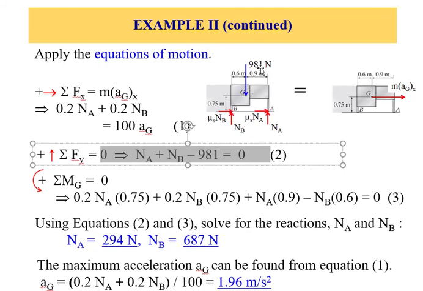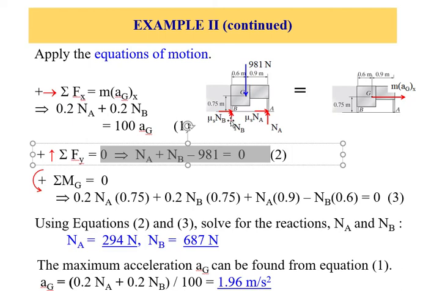Of course, the moment of the weight is 0 because it coincides with G. Now, the moment of NB, and since we are given the geometry, 0.2 NA is the moment of the friction force, causing it to rotate counterclockwise, so it's positive.